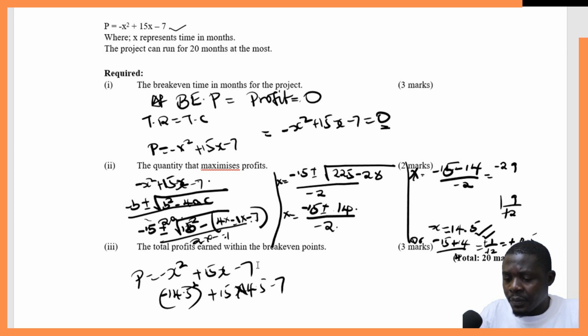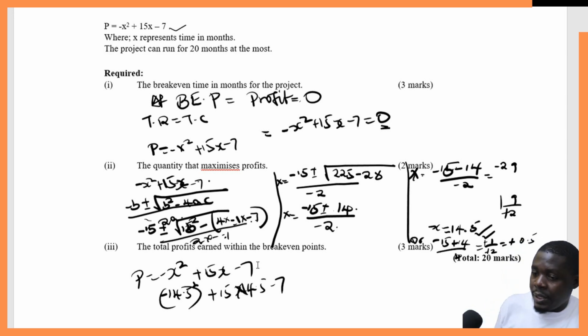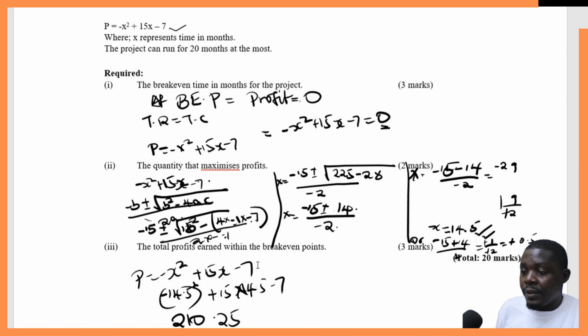Therefore, if we put a calculator, 14.5 squared, that is 14.5 multiplied by 14.5, is 210.25. Plus, multiplied by 15, we get 217.5 minus 7.